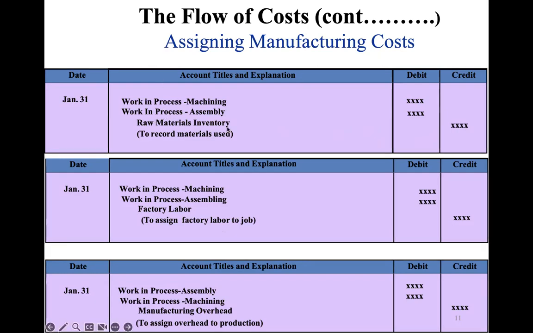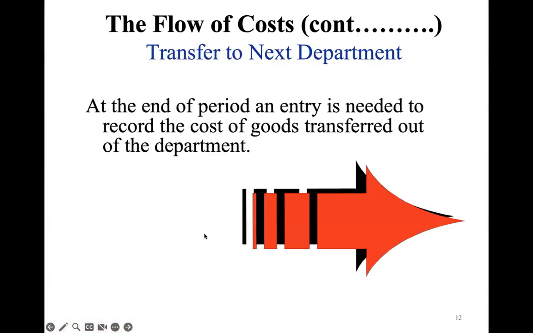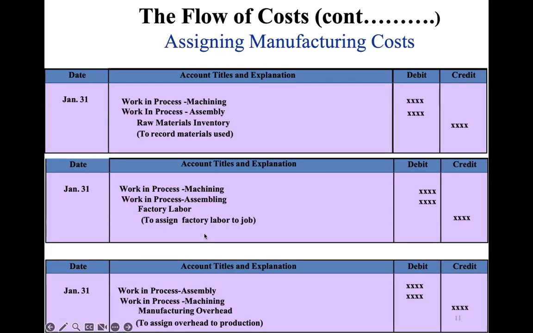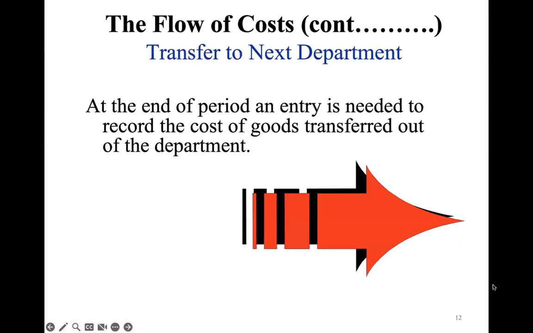Process 1 and 2. So raw material inventory will be changed to these two processes. Likewise, for factory labor also, the values will be changed to machining and assembly work in process. Next, manufacturing overhead will also be assigned to the processes, right?